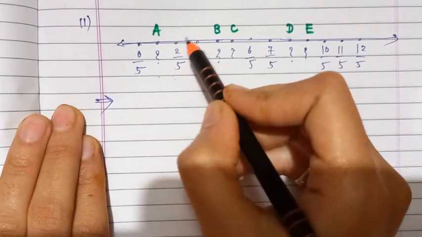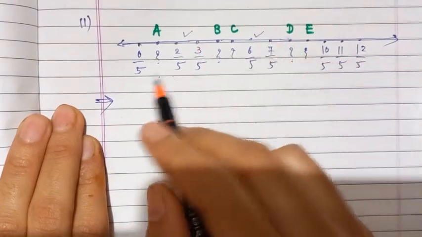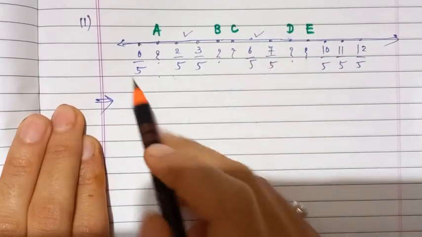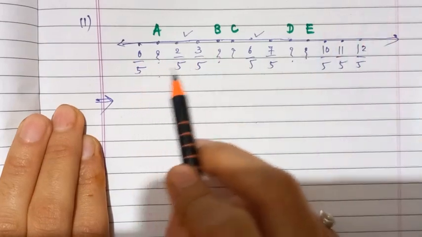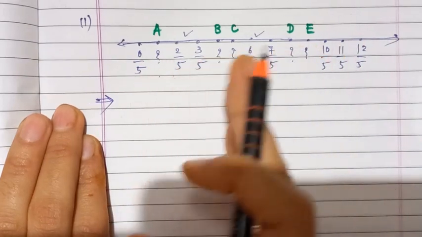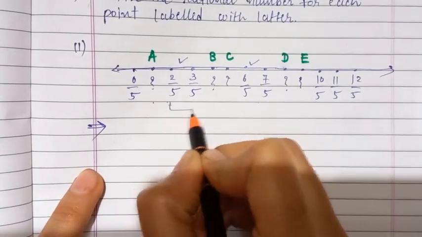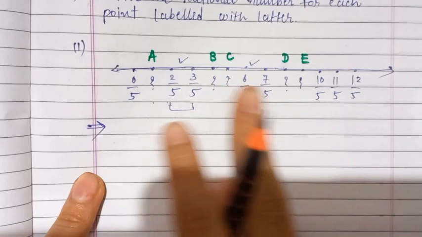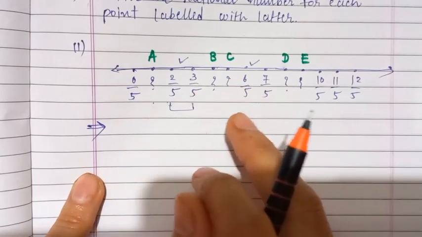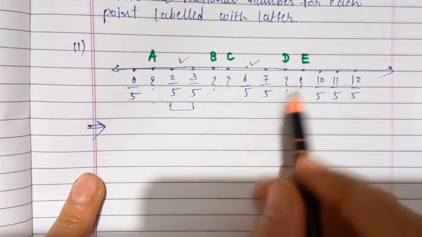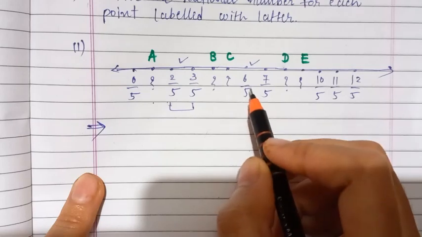This difference and this difference are always the same. So calculate the difference between any two sequential numbers, one after one.